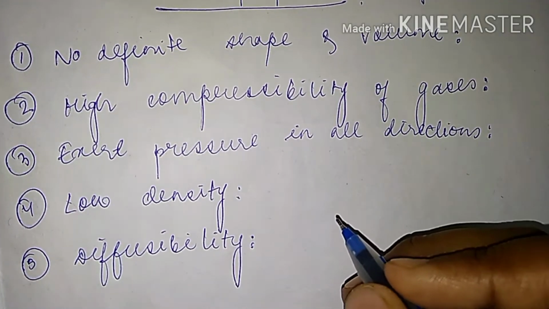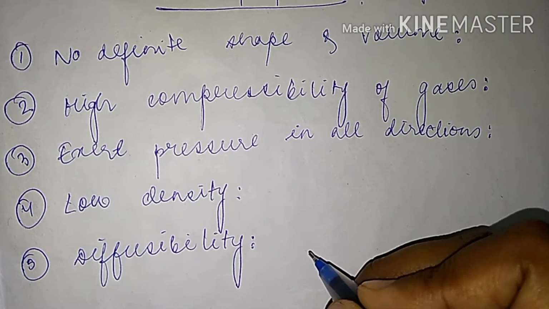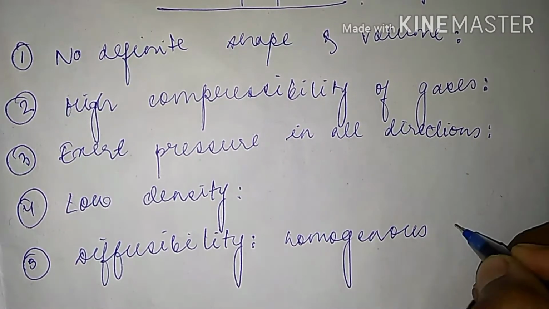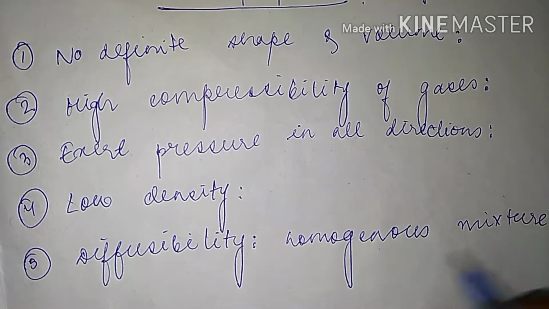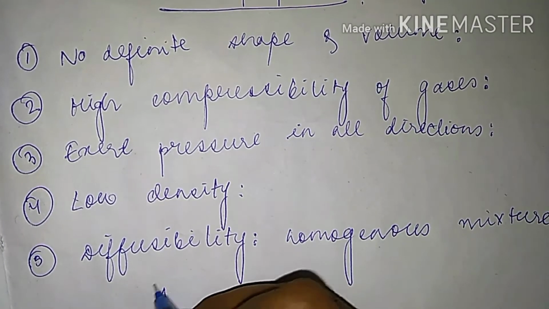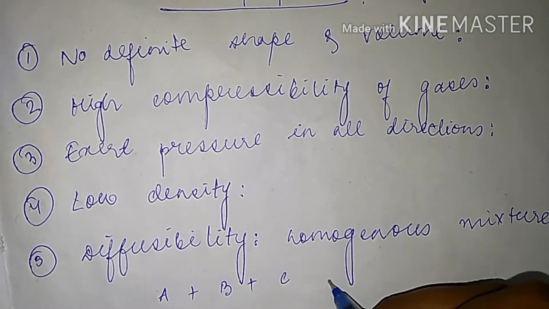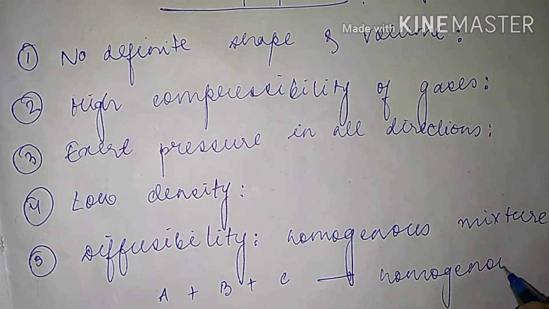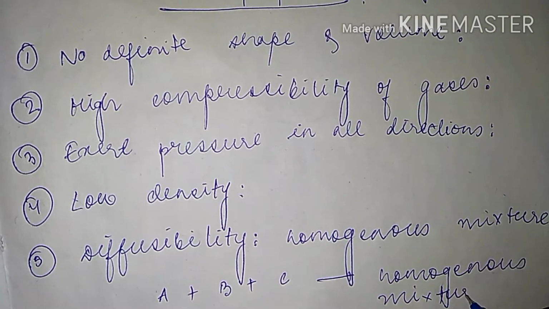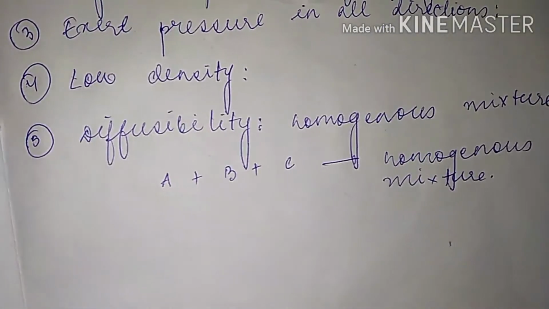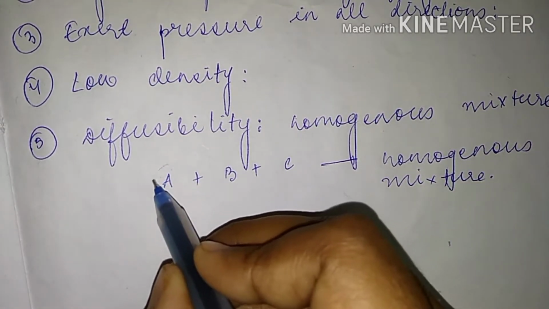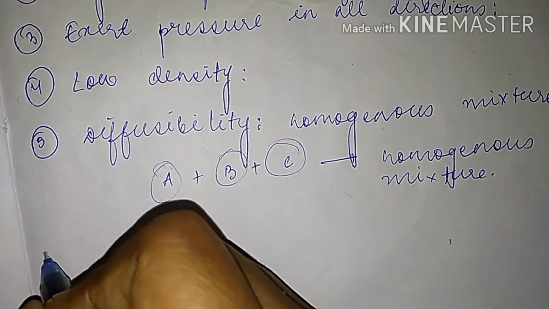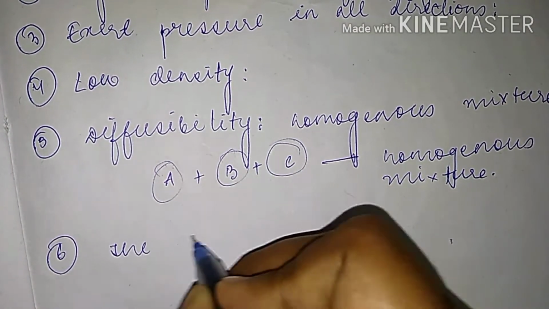Two or more gases can mix together very randomly and form a homogeneous mixture. That is, if we mix A gas, B gas and C gas, they will form a homogeneous mixture. What does the word homogeneous mixture mean? It means that in the container or in the room, the amounts of A, B and C gases will be equally spread.